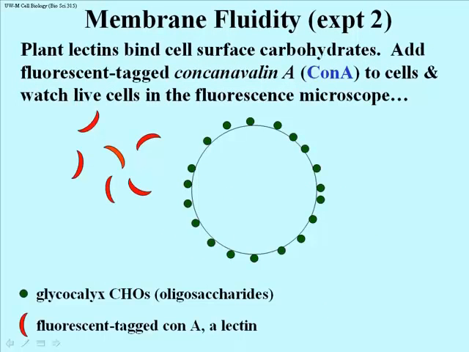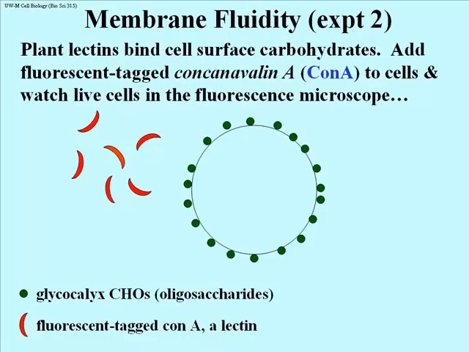Here's another experiment that was done to demonstrate fluidity. So I mentioned concanavalin A before. It's a plant lectin, a protein that can bind cell surface carbohydrates, and that capacity was used in this experiment. Here, the con A was tagged with a fluorescent marker so that you could visualize the con A in the fluorescence microscope.